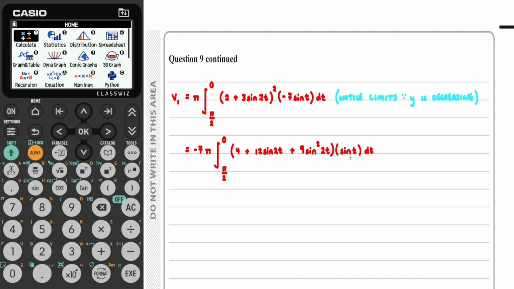And now we have to multiply the sine t into this bracket. So I've got negative 7 pi times the integral from pi over 2 to 0 of, well, here I'd have 4 sine t plus 12 sine 2t sine t plus 9 sine squared 2t sine t, and we integrate with respect to t.